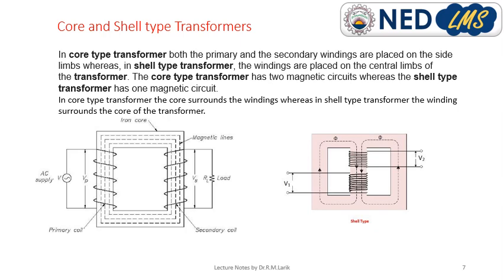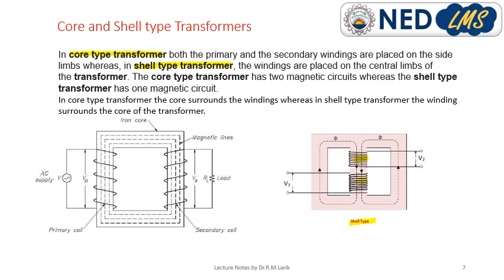Transformer types: we have core type transformer and shell type transformer. See the construction. In the core type transformer, the windings surround the core. In the shell type transformer, the core surrounds the windings. See, windings are inside the core.